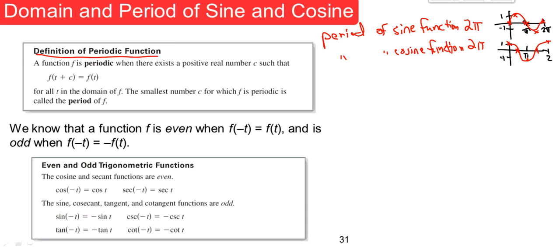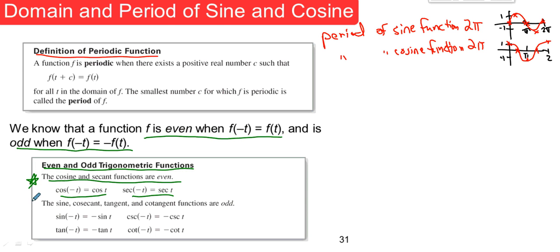And then remember even and odd functions. F is even when f of negative t equals f of positive t, and it's odd when f of negative t equals negative f of t. And so then we can see which trig functions are even or odd. Cosine and secant are even, and that means when you put in a negative, you get the same as the positive.